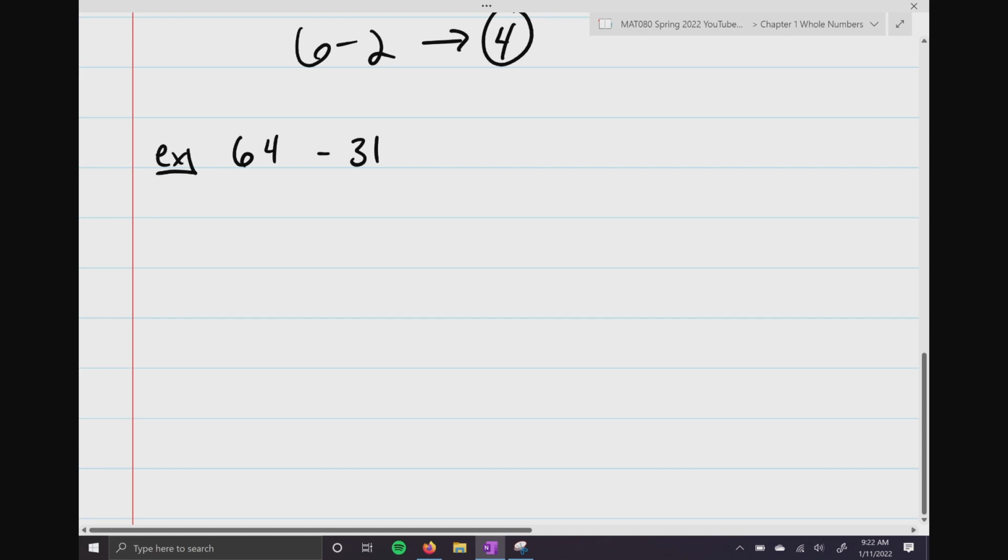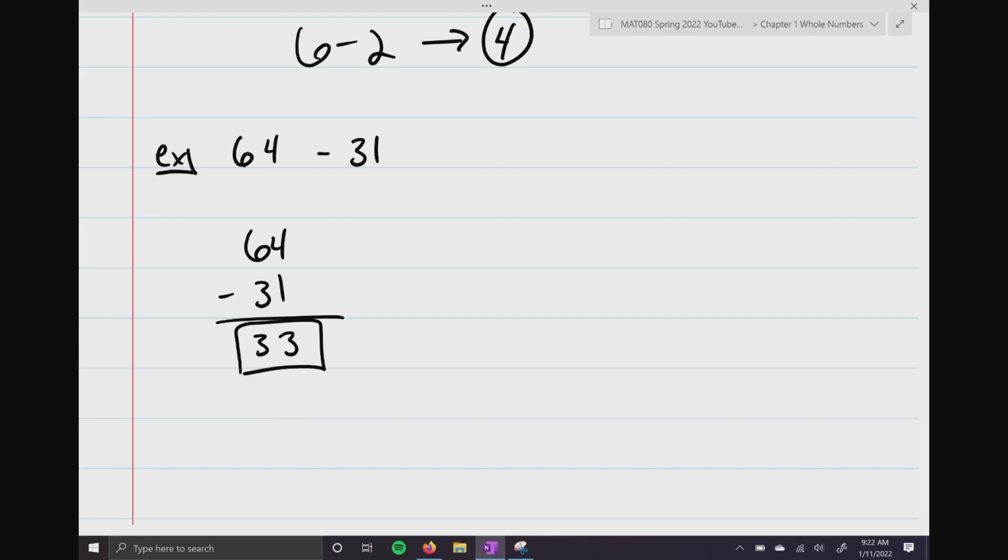See, that's one of the keys to mathematics, being able to apply what you know to a problem you've never seen. So we're going to stack this up using the place value system. And then we are just going to subtract right down the columns vertically. So we have 4 minus 1, which is 3, and 6 minus 3, which is also 3. So 64 minus 31 is going to be 33.